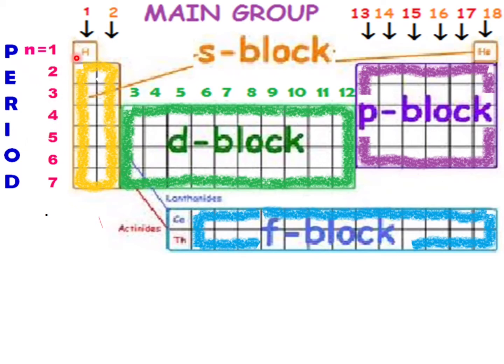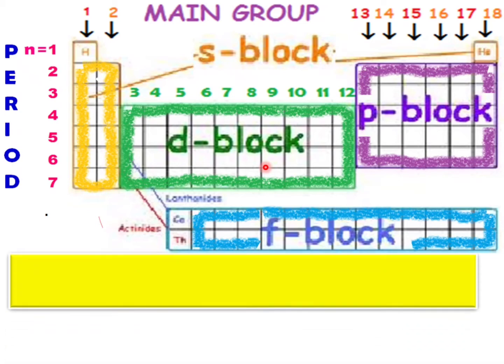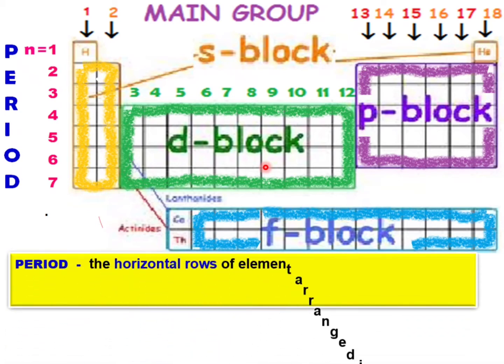So the vertical column here, ini dipanggil sebagai group, while the horizontal row here we call as period ataupun row. Okay, kalau sebelum ni group you all panggil sebagai kumpulan. Sama je konsep dia.